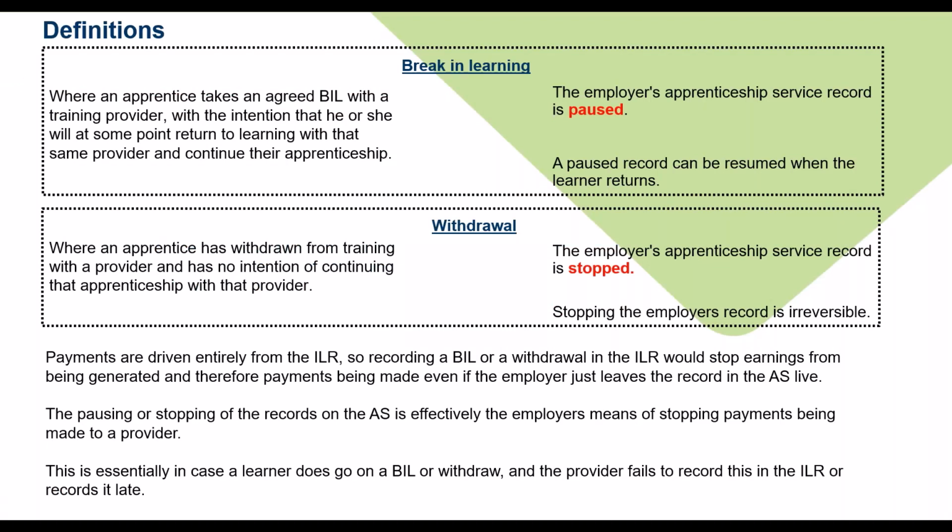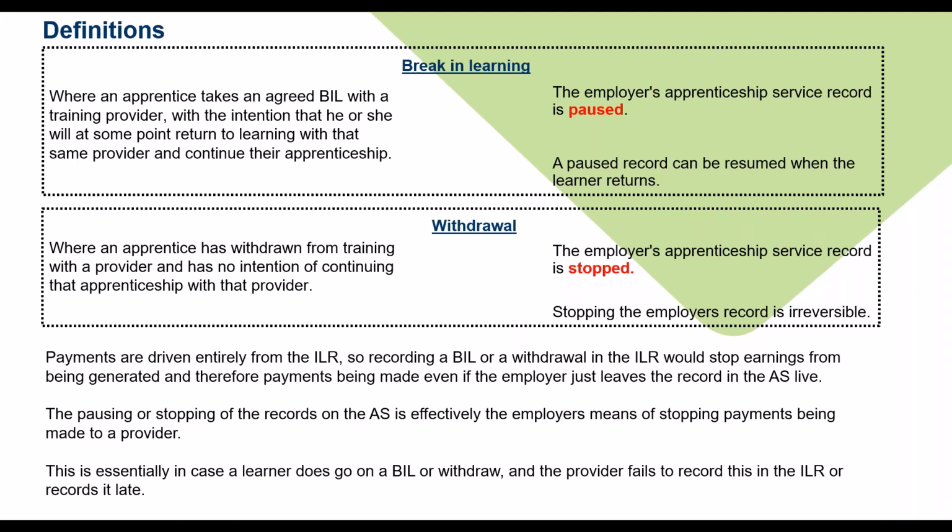Next slide, please. So to start off with, I just wanted to explain the difference between a break in learning and a withdrawal, and also to talk about the employer's records on the apprenticeship service being paused and stopped. So a break in learning is where an apprentice takes an agreed break from learning with a training provider with the intention that they will at some point return to learning with that same provider and continue their apprenticeship.